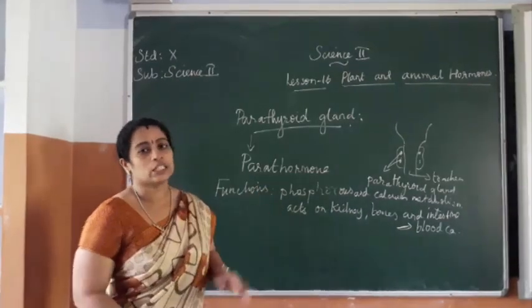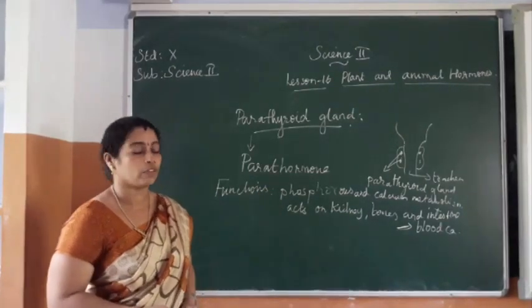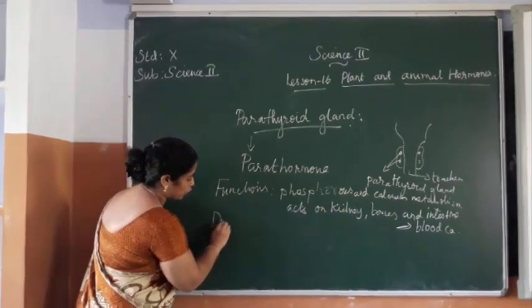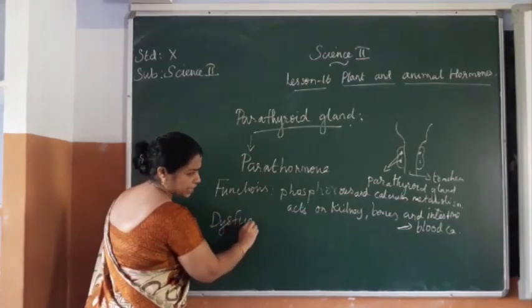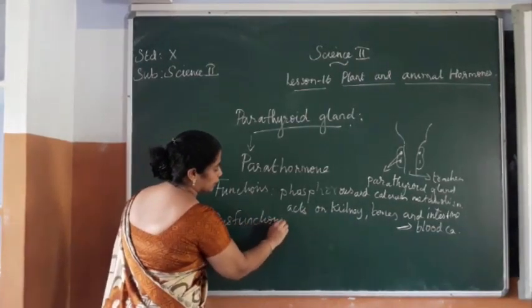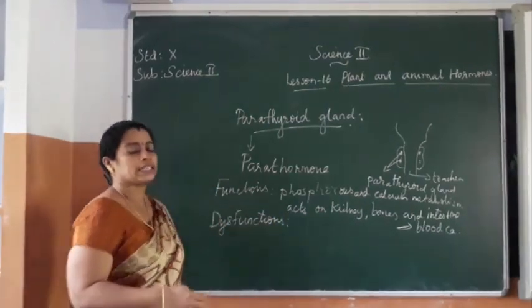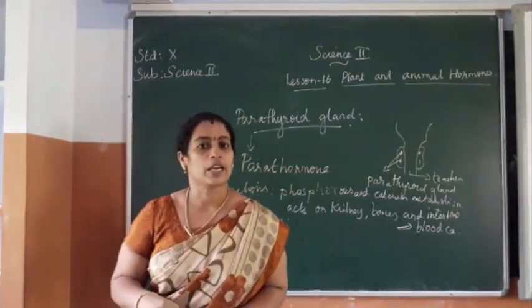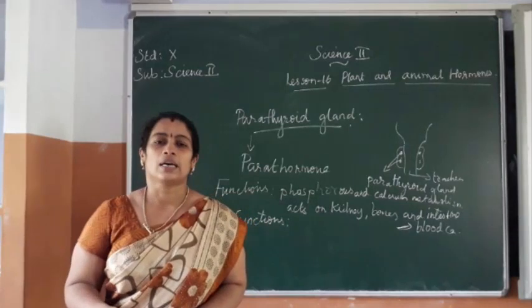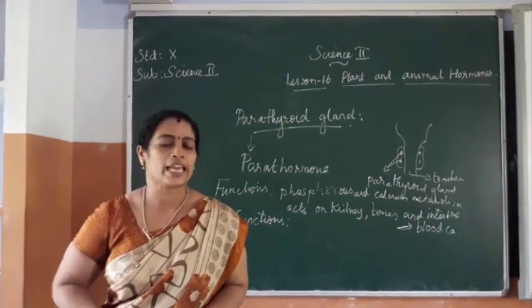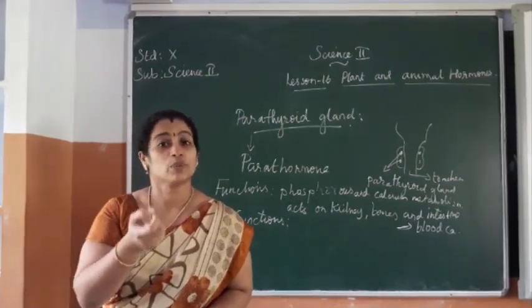Next, coming to the dysfunction, parathyroid dysfunction. Any deficiency of this parahormone causes dysfunctioning of the body. Let us see what the dysfunctions of the parathyroid hormone are. Parahormone will become inactive when the thyroid is removed from our body.